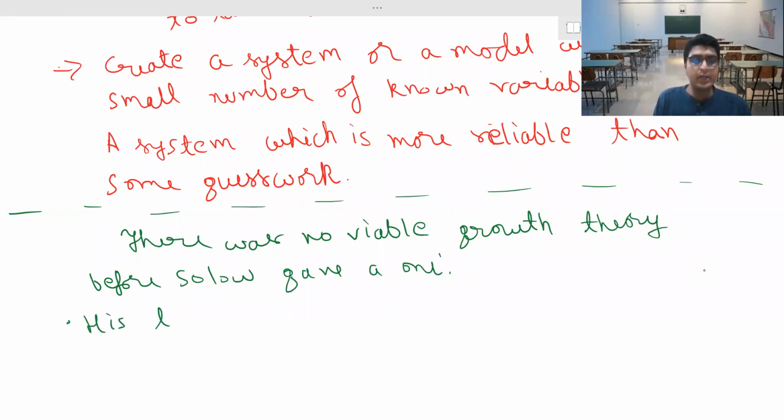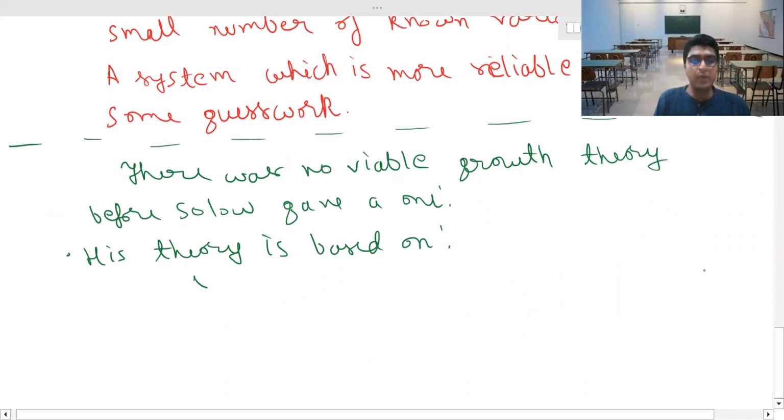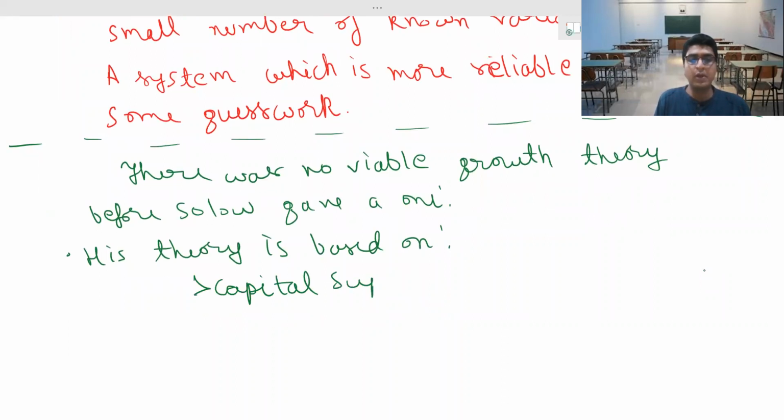So his theory is based on capital supply, labor supply, and the most important one is technology.